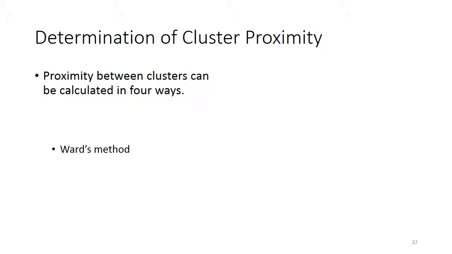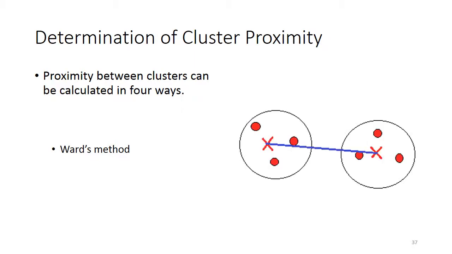And lastly, we have Ward's method, which is a centroid-based method in which the mean or the centroid of each cluster is found, and then the distance between means in different clusters is calculated, and clusters with the closest centroid are then grouped.